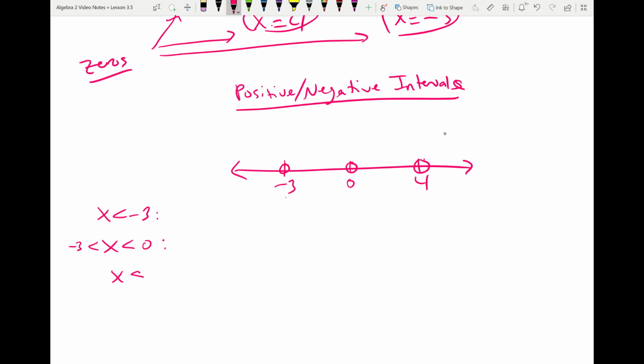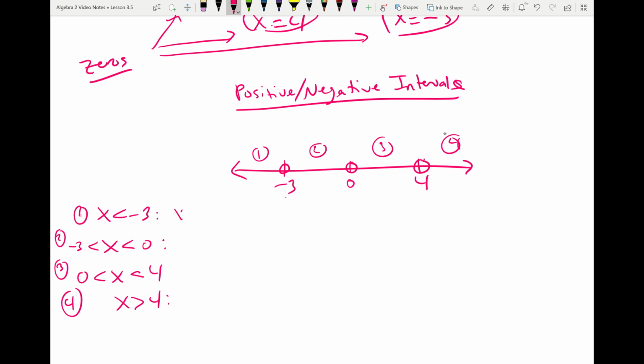We have x is between 0 and 4. And we have x is greater than 4. So you see we have those 4 regions. So we're going to plug in a value into each of those regions.